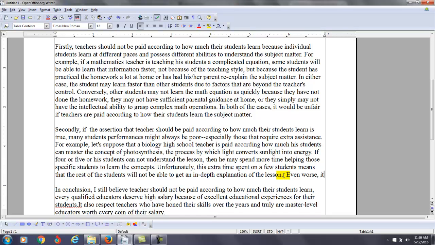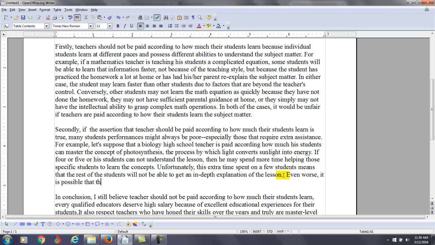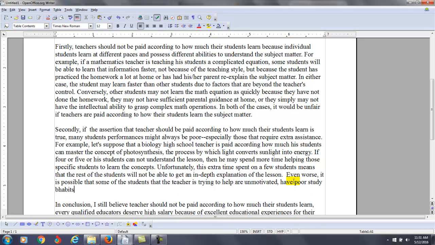Even worse, it is possible that some of the students that the teacher is trying to help are unmotivated, you might say have poor study habits, which is why they are not learning the content of the lesson.